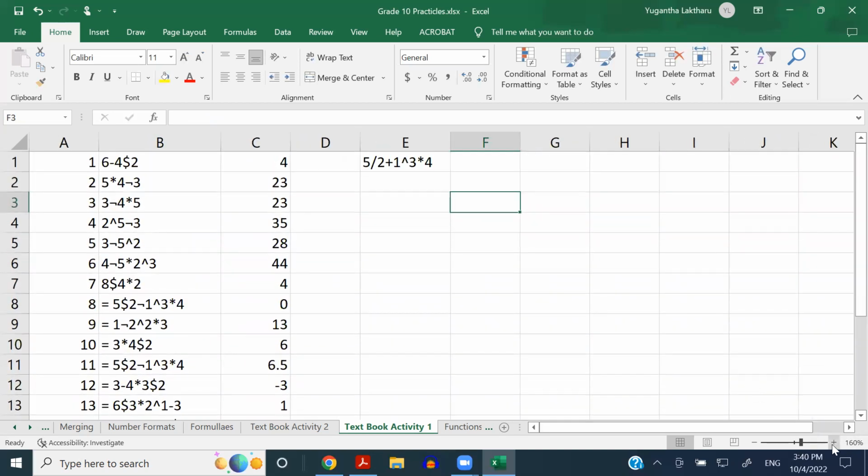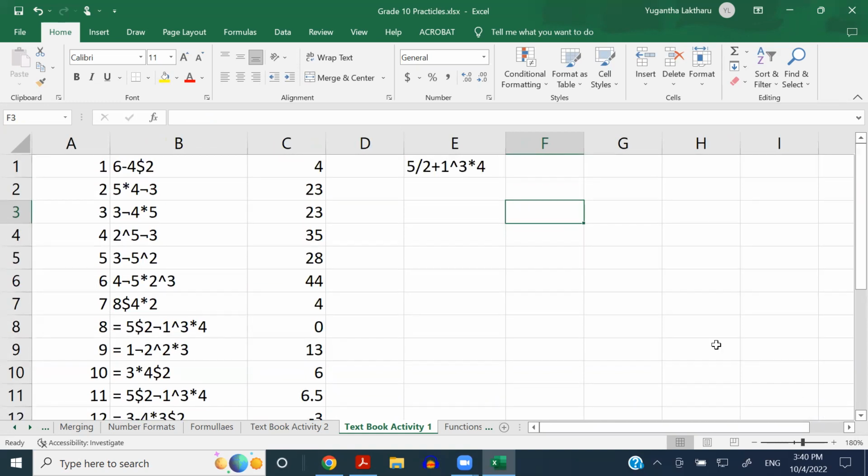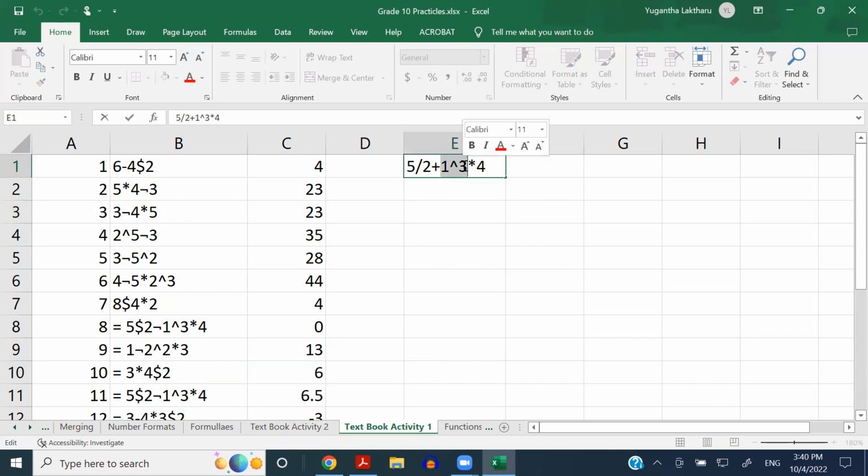So 5 divided by 2 plus 1 to the power 3 into 4. When it comes to something like this, first of all, the top priority is given to 1 to the power 3, because power is the one which is at the top.